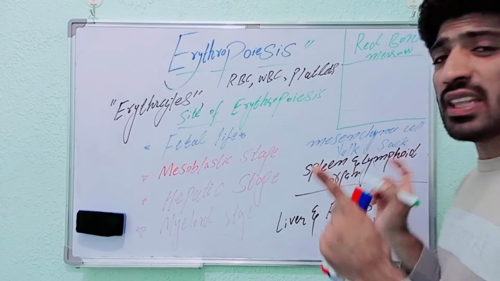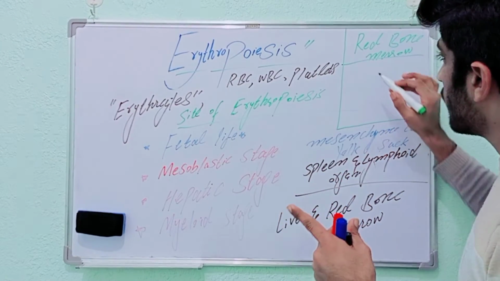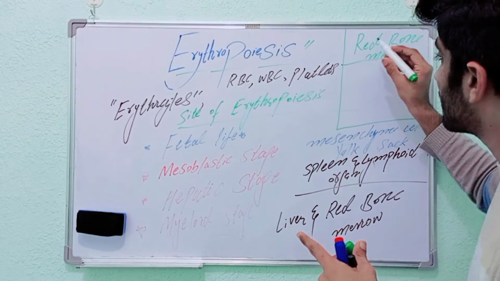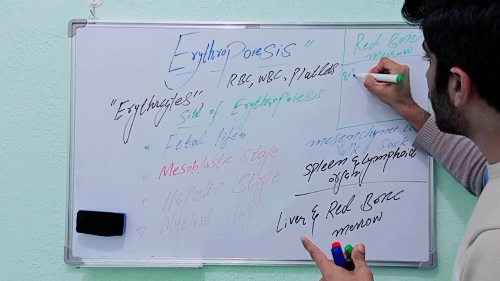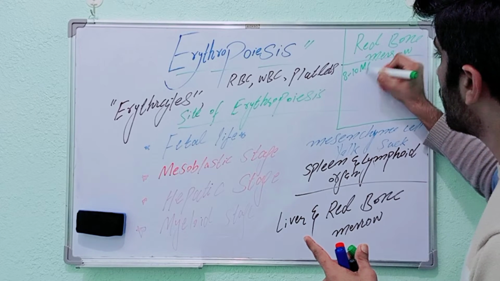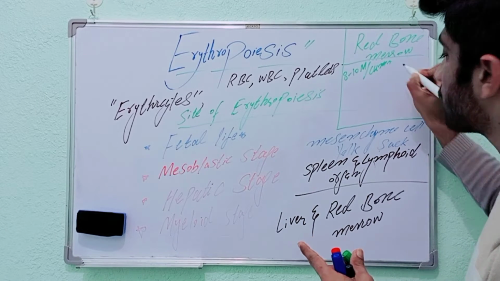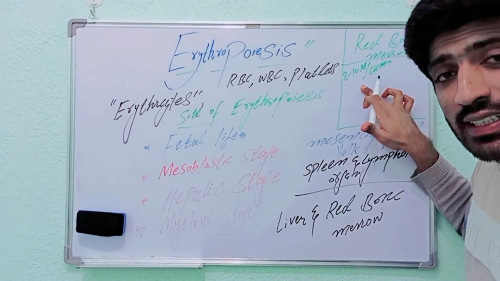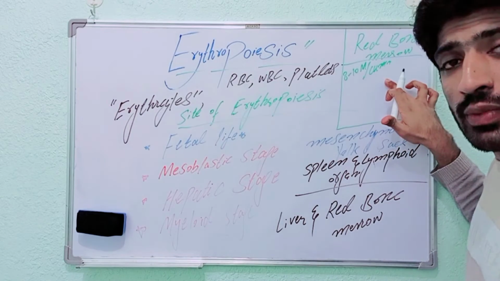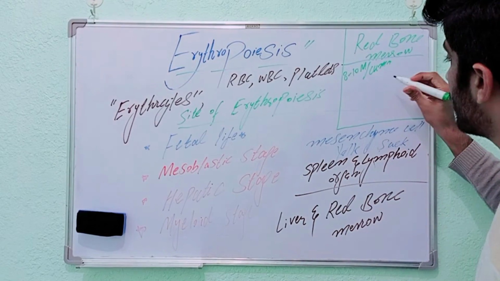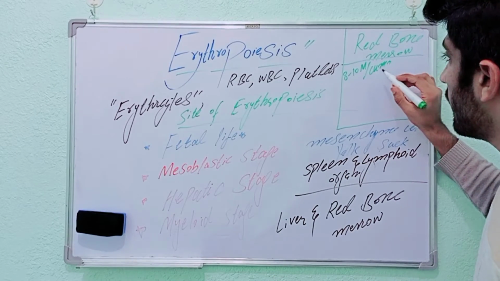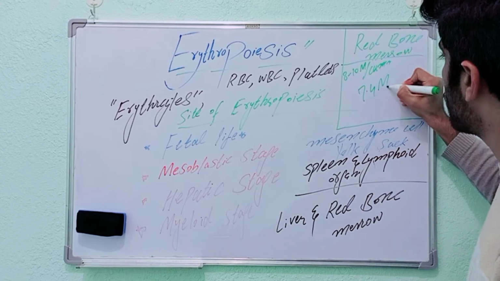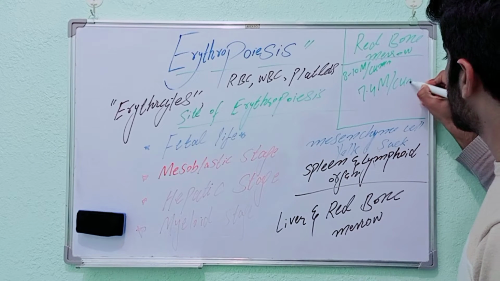Students, when the baby is born, the value of erythrocytes is 8 to 10 million per cubic millimeter. In growing children, the value of RBCs becomes low gradually, and finally in adults, the value of erythrocytes is 7.4 million per cubic millimeter.